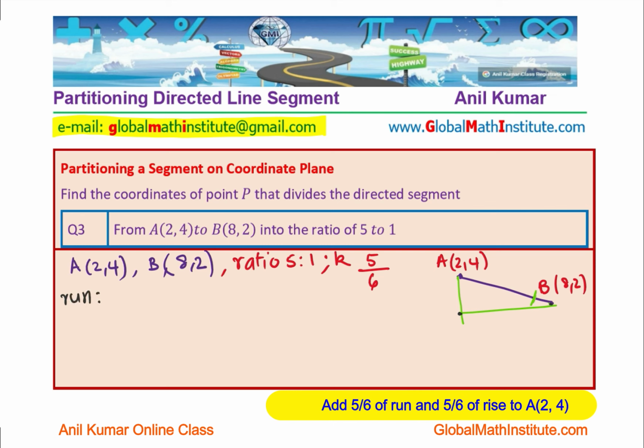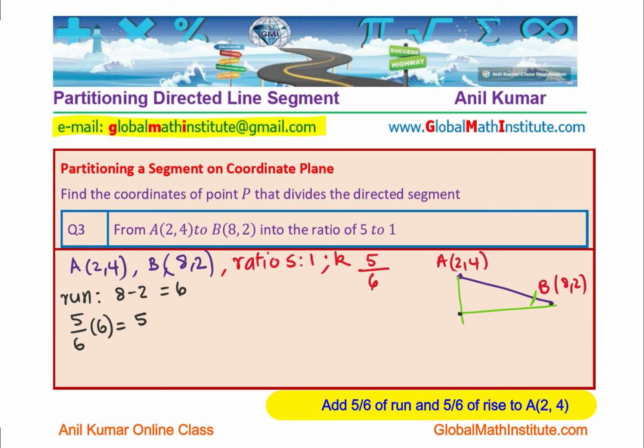Run is change in x value. So do 8 minus 2, which is 6. Of this 6, we have to take 5 out of 6, right? We have to go 5 out of 6 of 6. That means 5 divisions, correct? So from here, we have to do 5 divisions, right?